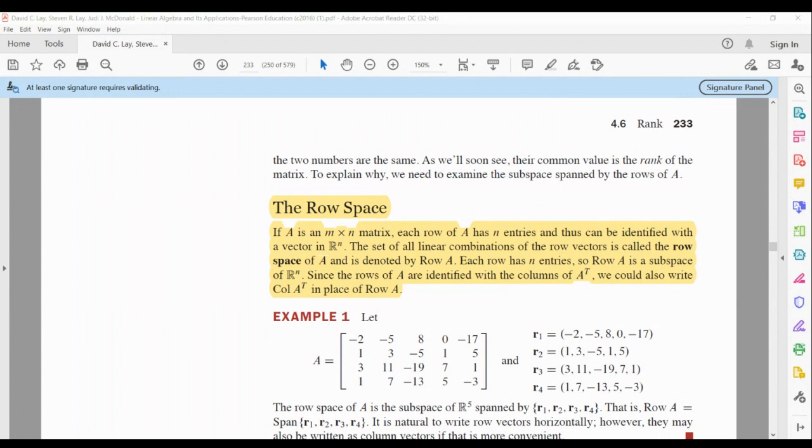Oh, now wait, hold on. Do I have this right? I'm sorry. In example 1, there are 5 columns. So the row space would be a subset of R5.